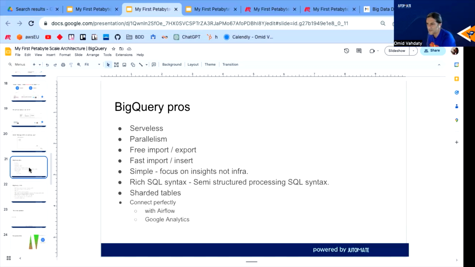So serverless, as discussed, and parallelism. When you have a high degree of parallelism, BigQuery is very, very useful because it's serverless. So you can do whatever you like without hitting concurrency issues and not worry about the underlying infrastructure. It kind of makes sense until 100 terabytes.